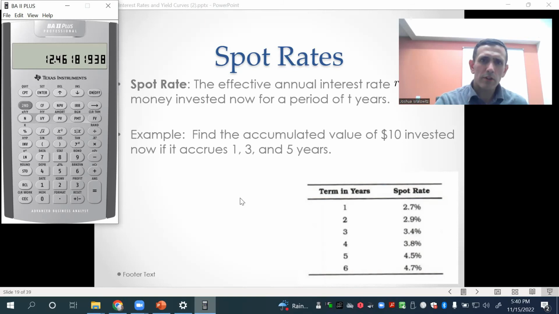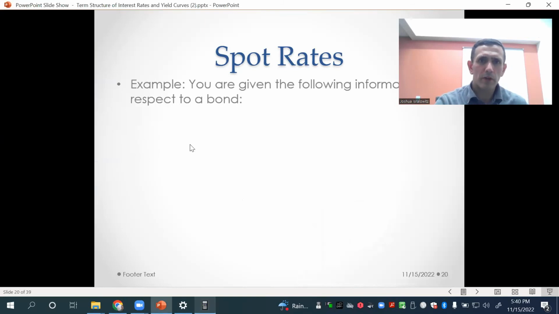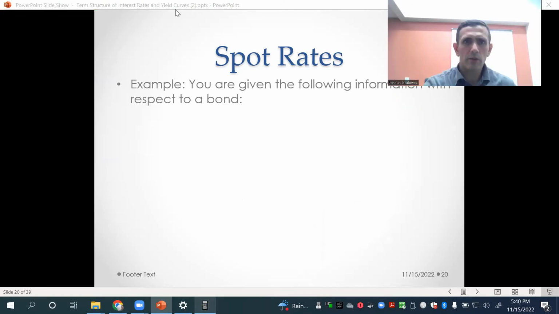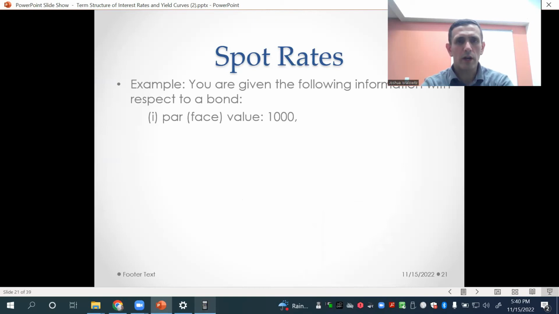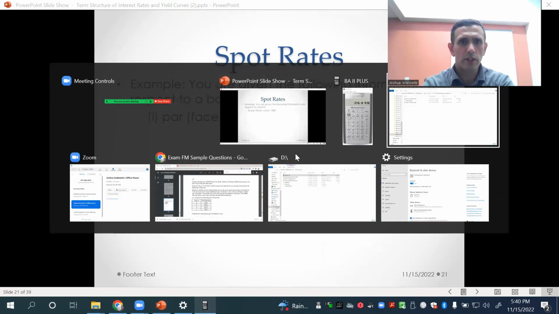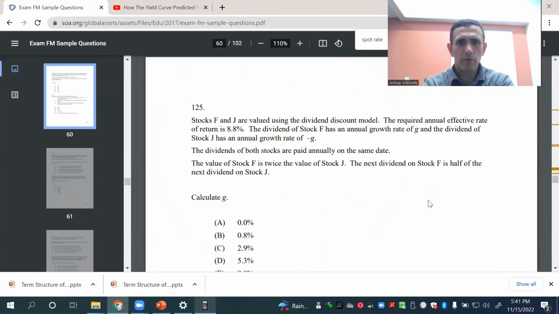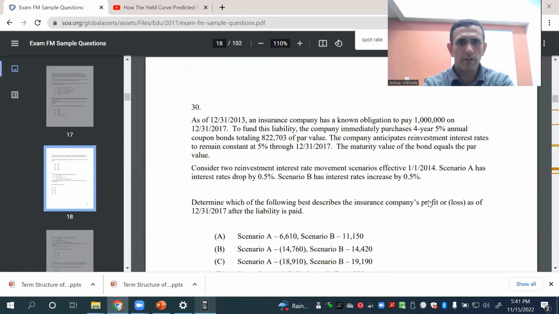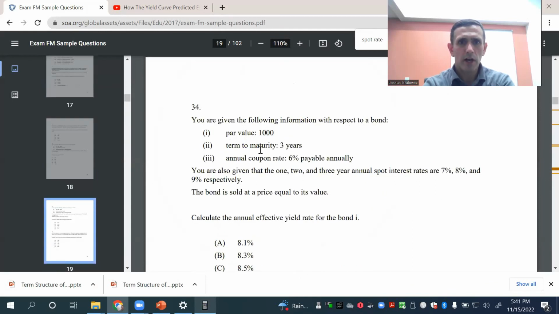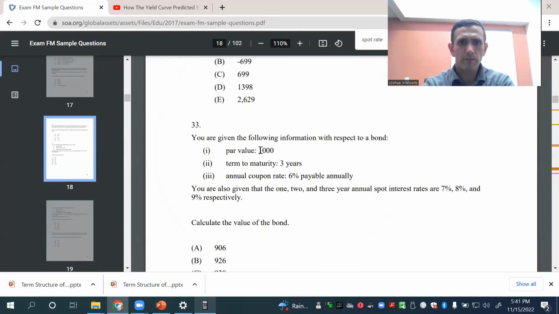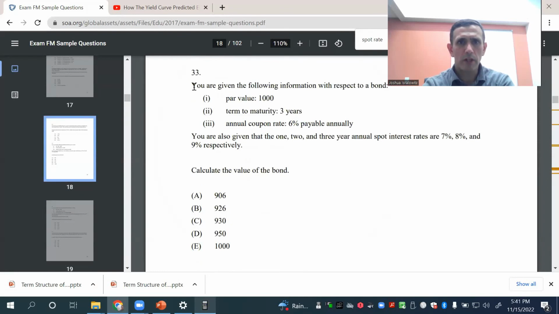All right, so let's finish off with this example here. You're given the following information with respect to a bond. The face value is 1,000. I'm doing this problem right here. I have it written out on the PowerPoint.